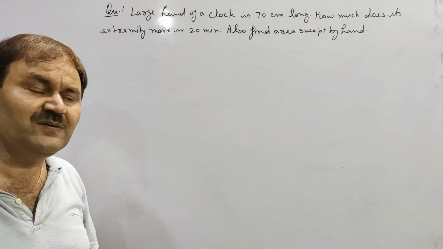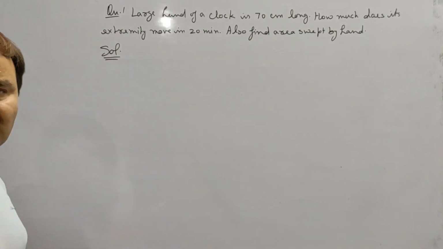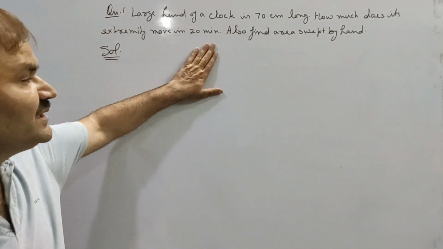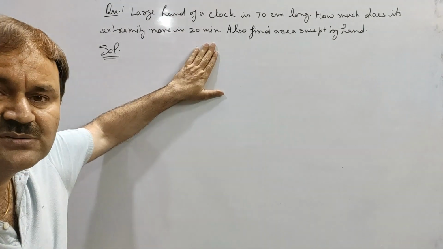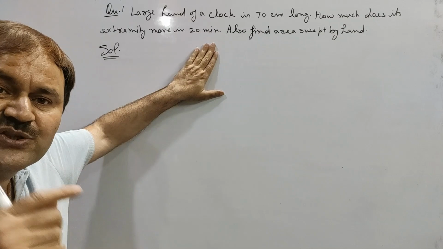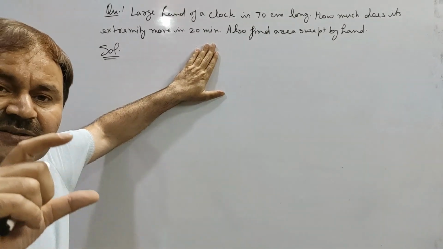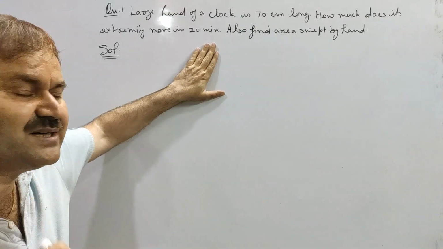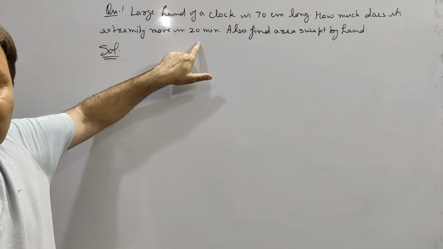The shorter hand of the clock is the hour hand, while the larger hand is the minute hand. So in question he is talking about the minute hand.